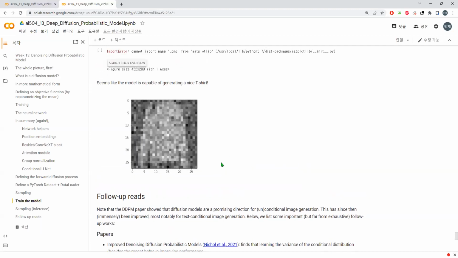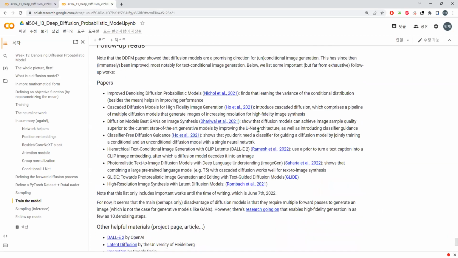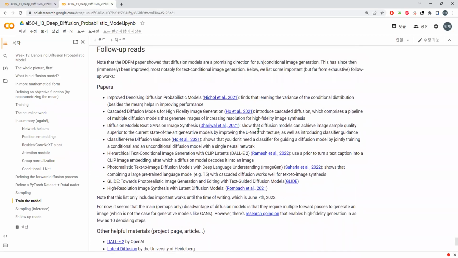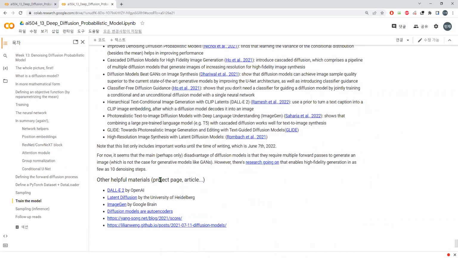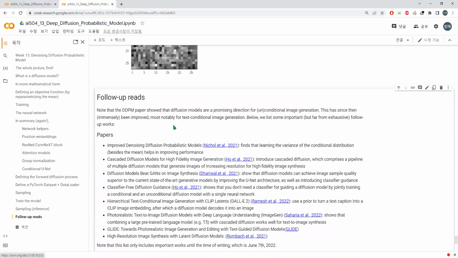Okay. I will upload the solution for this IPython notebook, so don't worry about it. And there are really a bunch of papers, articles, and project pages for follow-up reading material.